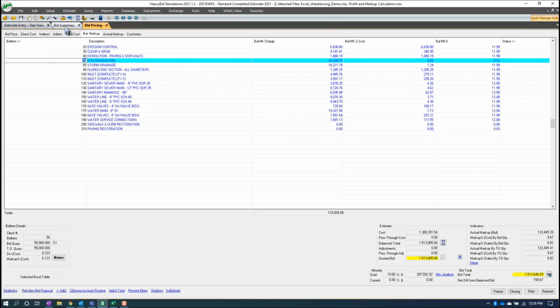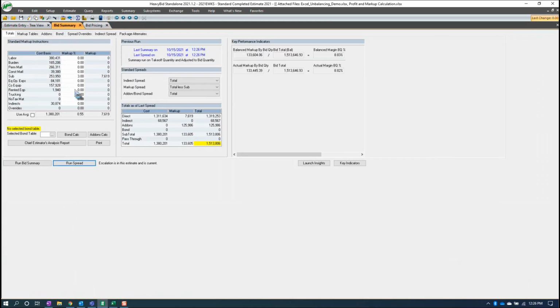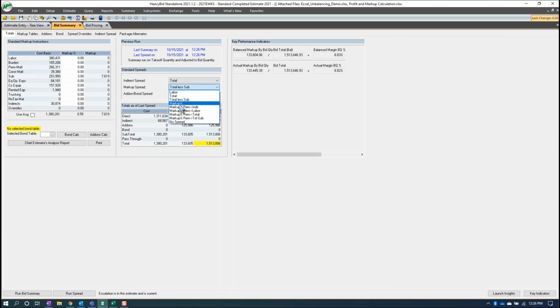So that's kind of the downside of this method, that I am blocked out of using the markup percentage because that's designed to use right here. But I'm really not doing much other than that 3%, so it's not a major deal.